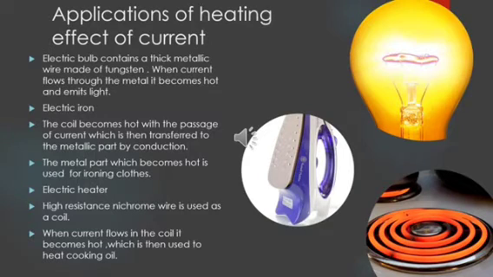Once it becomes hot, it starts to glow, and this is used to heat cooking vessels. Now have you followed how these three appliances work on the heating effect of electric current? Very simple and easy to understand.